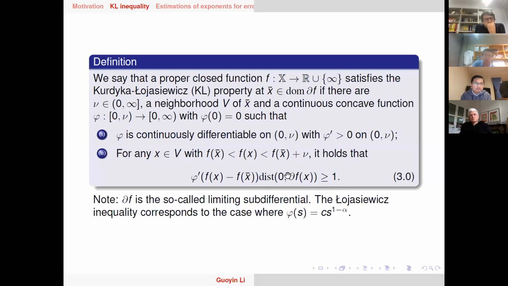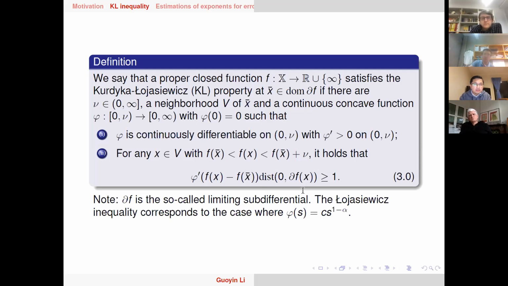You might wonder how this relates to the original Lojasiewicz inequality. For this one-variable function phi, which they often refer to as the desingularizing function, if it takes the form phi(s) equals c times s to the power 1 minus alpha, you take the derivative, it becomes s to the power minus alpha, and you throw it to the other side. So you just get the original Lojasiewicz inequality. You can think of this as an extension of the previous one.